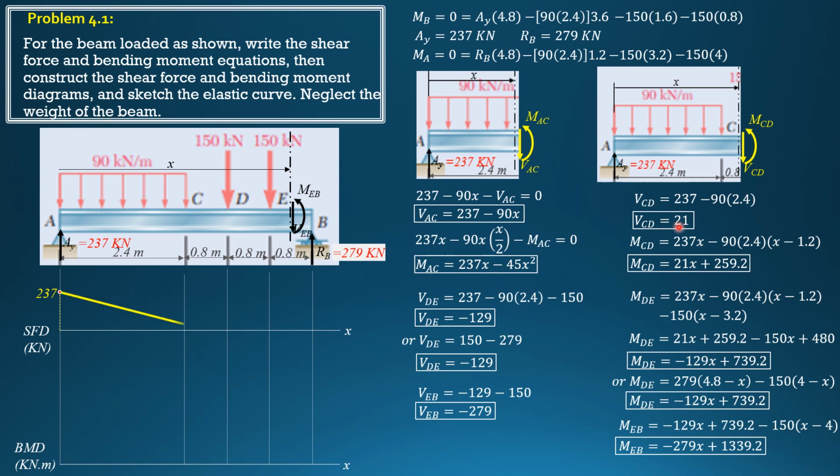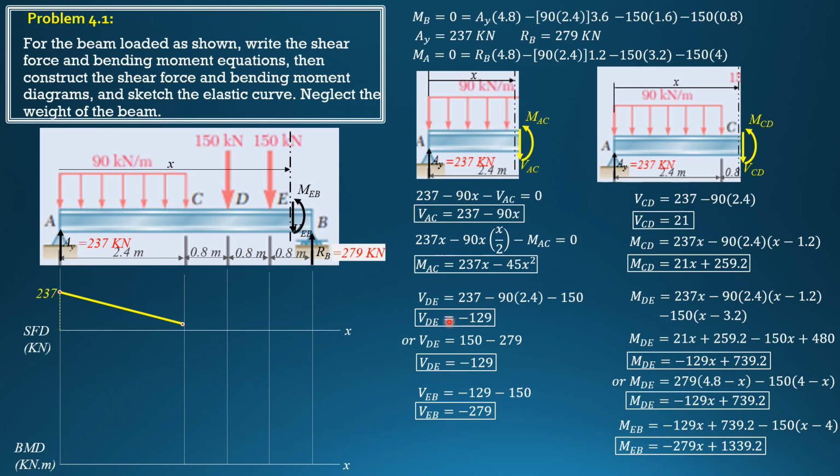shear CD, which is 21. So it is continuous, 21, a straight horizontal line because it is constant. When x is 2.4, 21. When x is 3.2, shear in CD is also 21. So that's how you have a constant value 21 there. Then next after CD is DE.